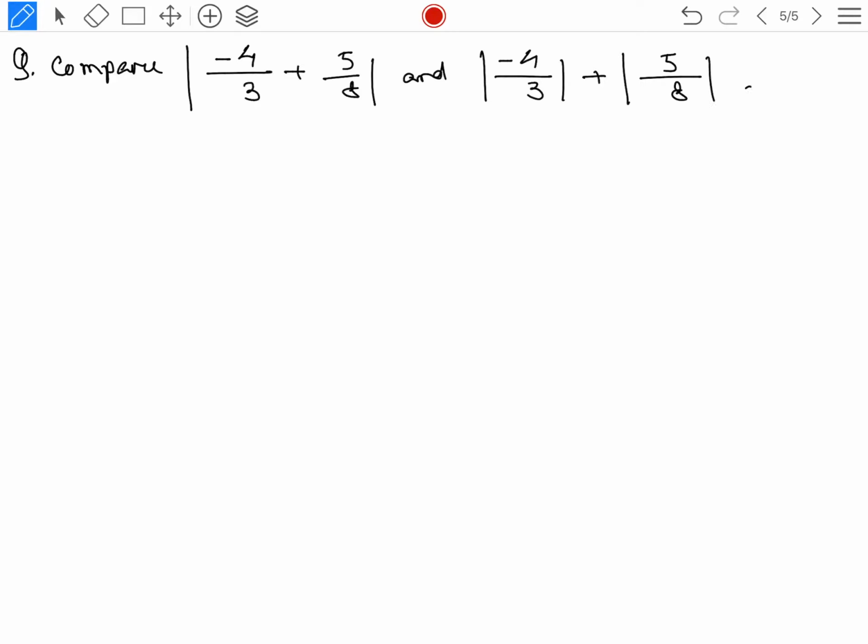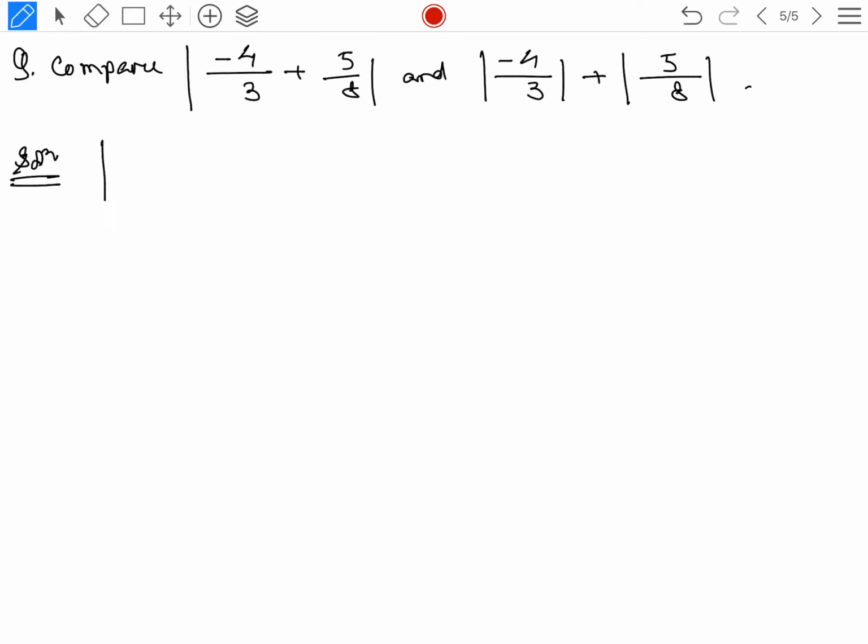You need to compare these two numbers. See, though the values look the same, they are different because in the first one the absolute value is of the whole thing together, minus 4 by 3 plus 5 by 8, but in the second part it is absolute value of minus 4 by 3 plus absolute value of 5 by 8.